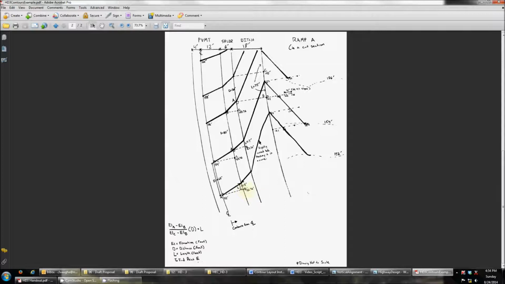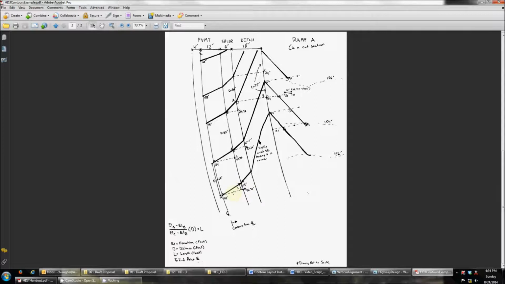So you'll have this 151.76, 152, or 153.76, and so on and so forth. Do that for each contour point that you have. And that's going to vary. It's not always going to be just 0.24 different, because like I said, the pavement width is going to be different even just along NC 125.